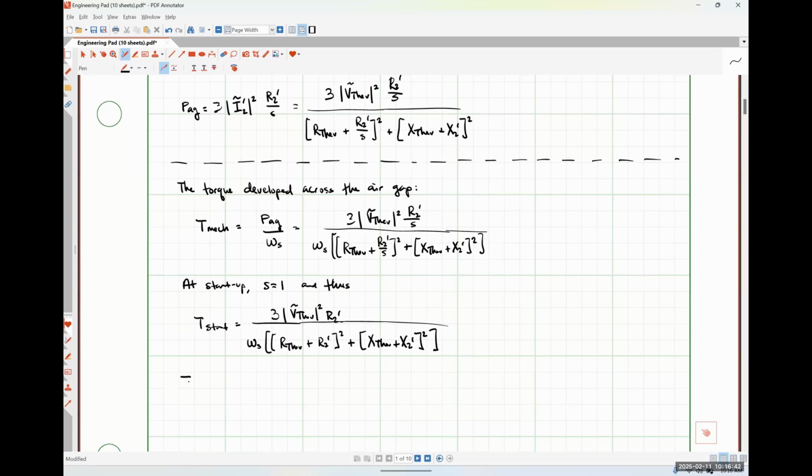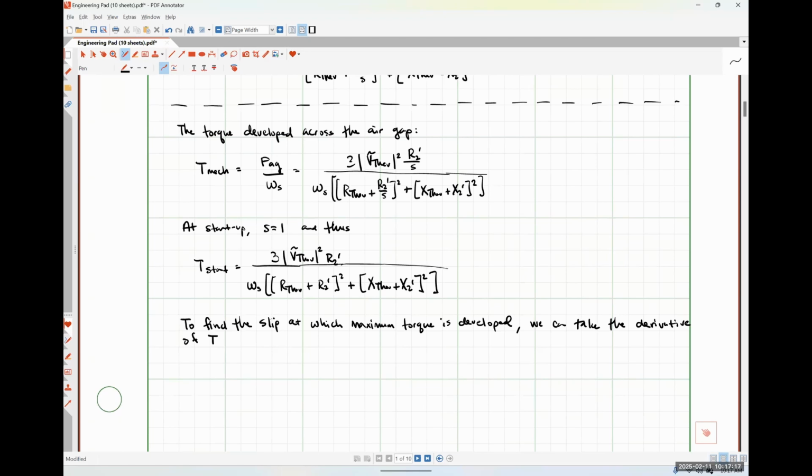So to find the slip at which maximum torque is developed, we can take the derivative of Tmech or our air gap power.